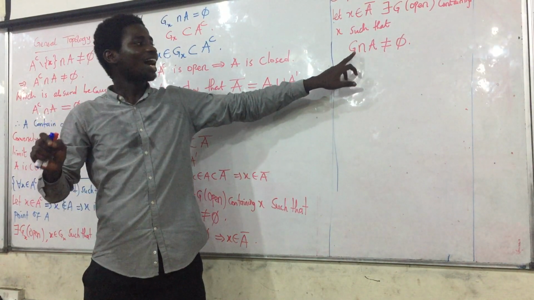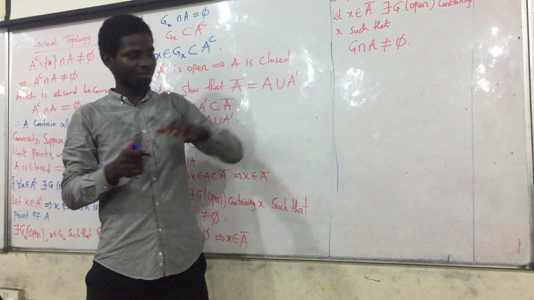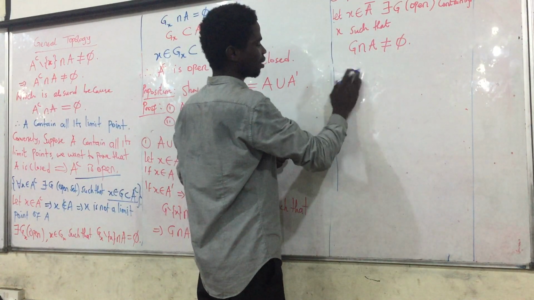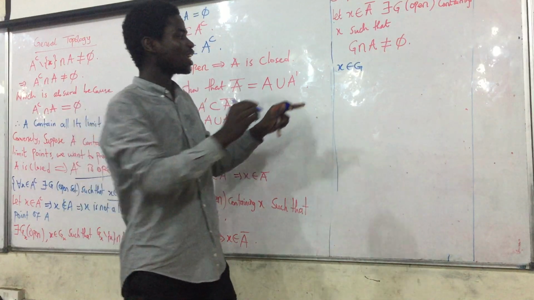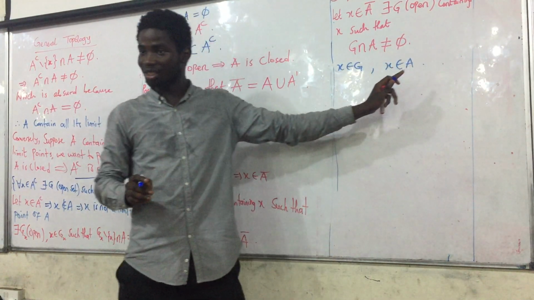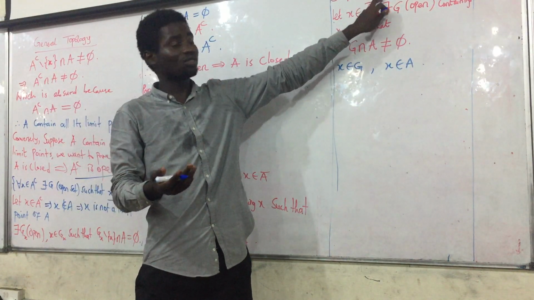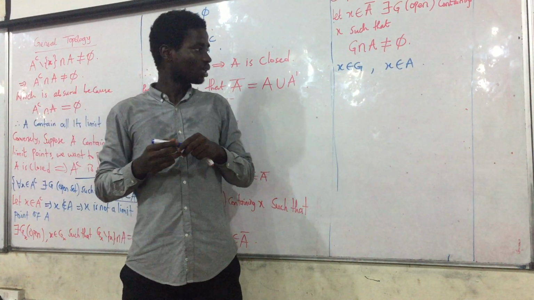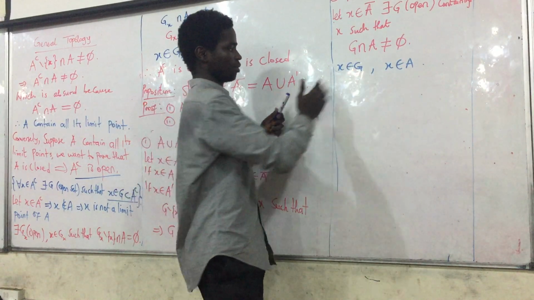And if S is in A, listen to what I'm saying. If now S is in G, and if S is in A too, in fact, the very more reason they are not empty. And if S is in A, that means S will be inside the set.